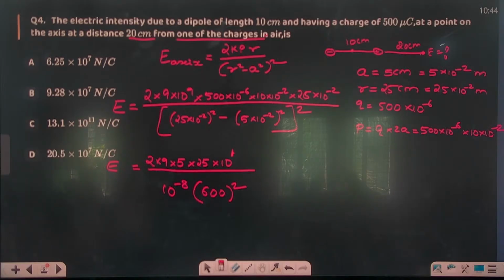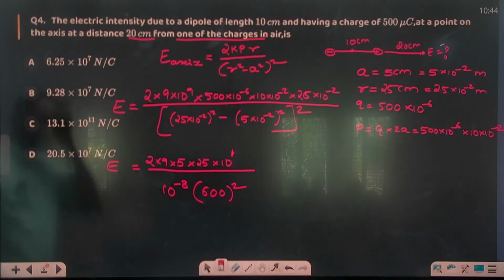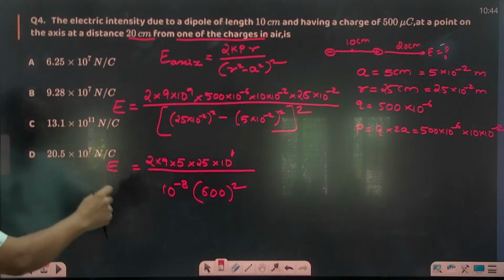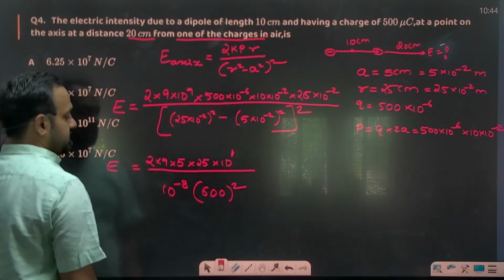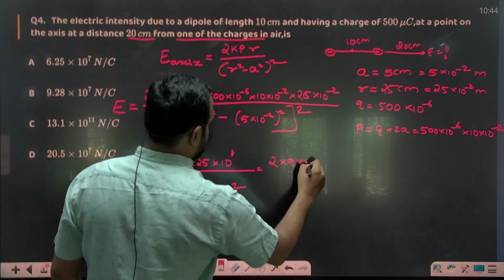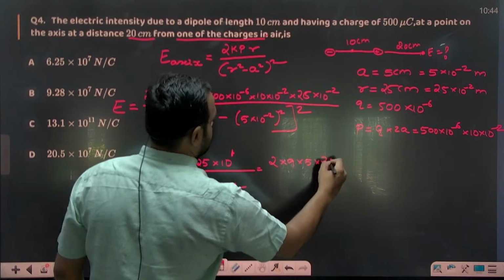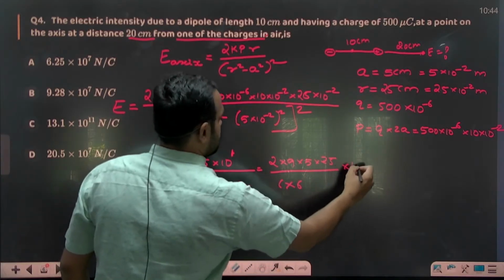Further calculation, so 10 power 4, 10 power 5. This is 2 into 9 into 5 into 25 divided by 6 into 6 into 10 power 5.